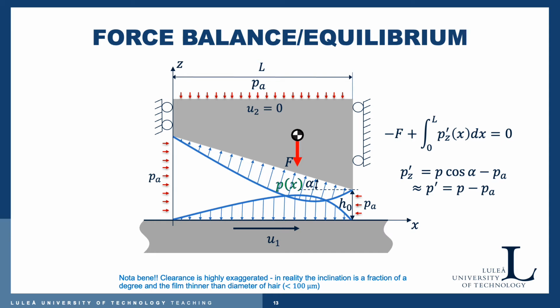So we need to subtract that, and because the inclination is so small, we can approximate Pz prime by P minus Pa. Therefore we can pose the force balance equilibrium equation precisely like this.